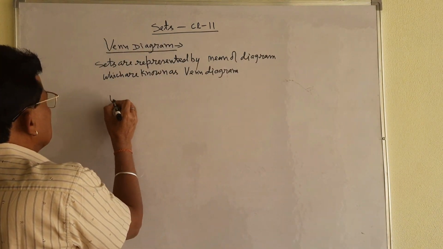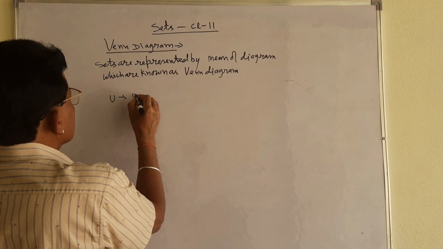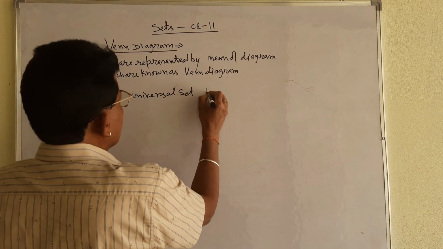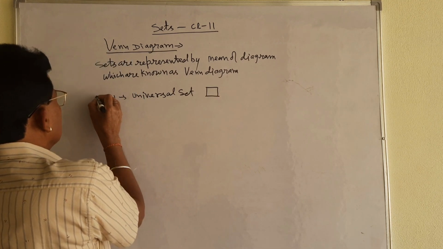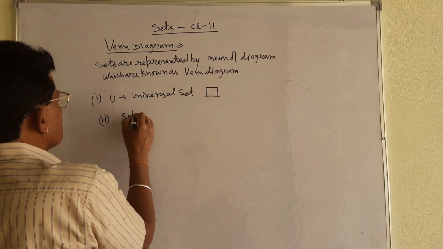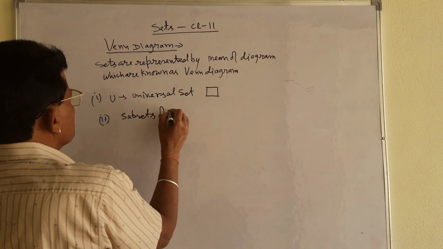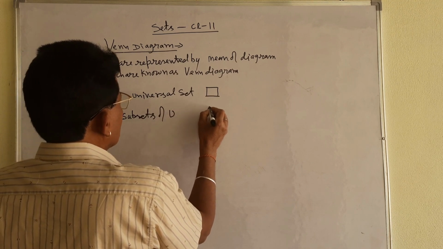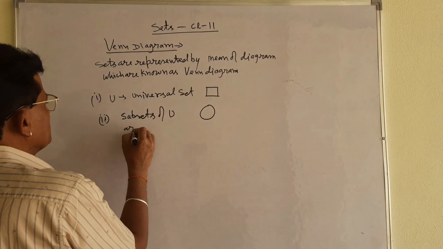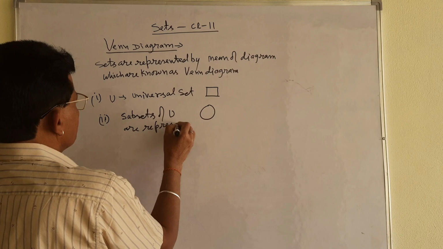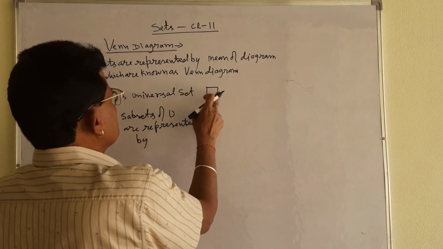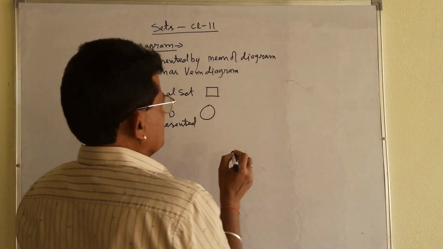As I told you, the universal set is denoted by U, and it is denoted by a rectangle. The second thing is that subsets of U are represented by a circle. The universal set is represented by the rectangle.